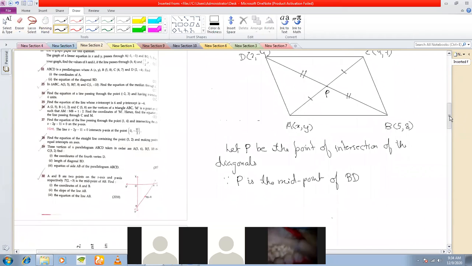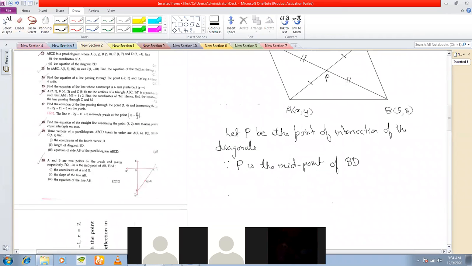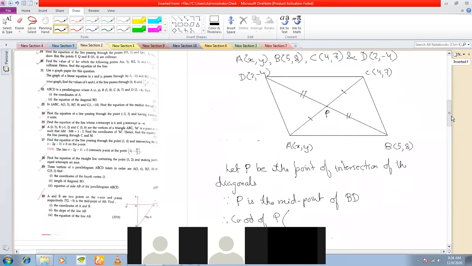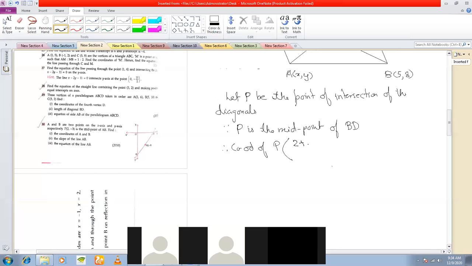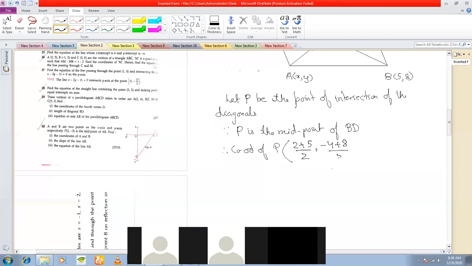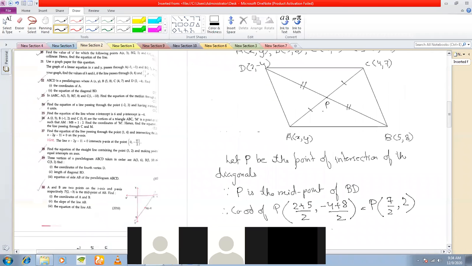Since P is the midpoint of BD, the coordinates of P will be (2 plus 5 by 2, minus 4 plus 8 by 2). So we're getting the coordinates of P as 7 by 2, and 8 minus 4 by 2 is simply 2. We've got the coordinates of P as (7 by 2, 2).